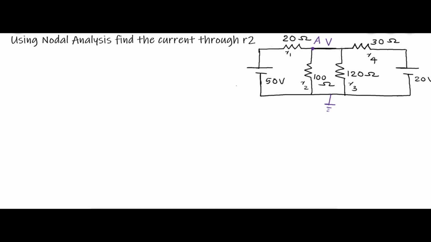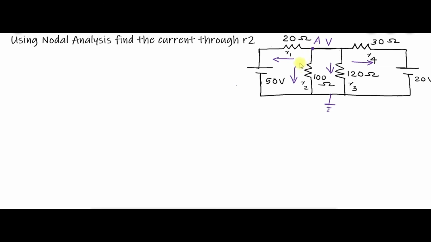So I have to assign current directions. I am assigning the current directions in this manner. I have assigned each current direction as leaving currents only, so that I can state that the algebraic sum of currents meeting at this point or junction is equal to 0.